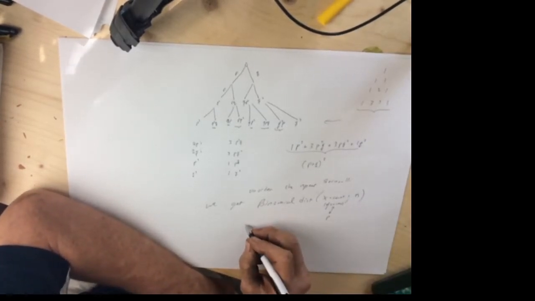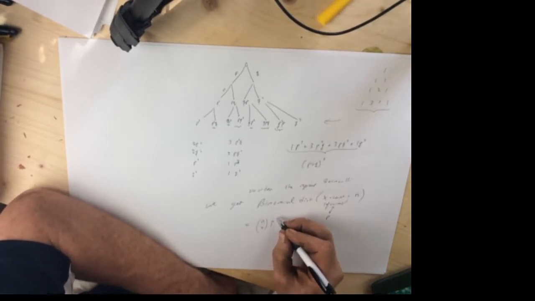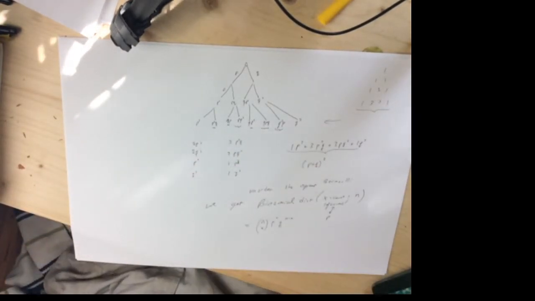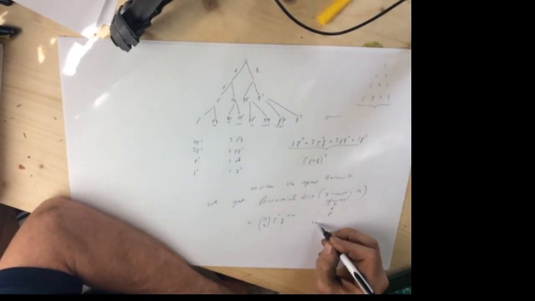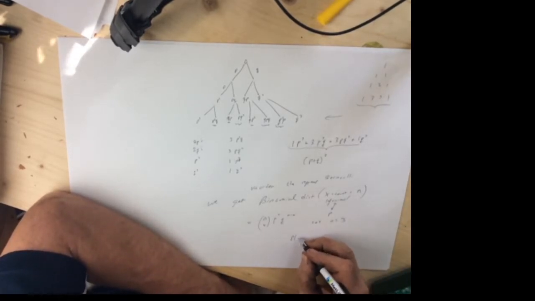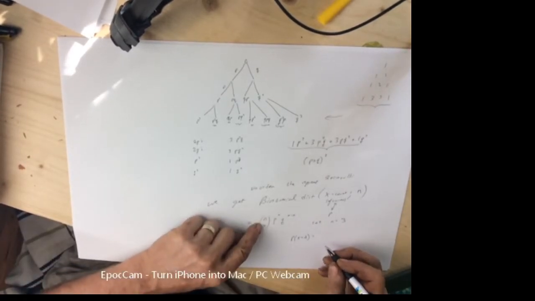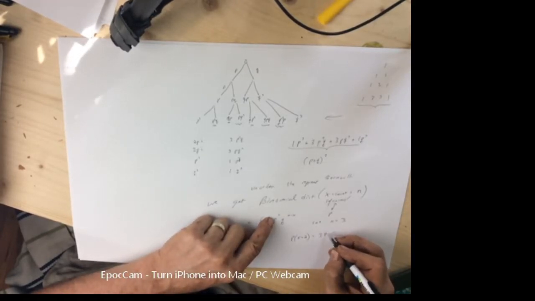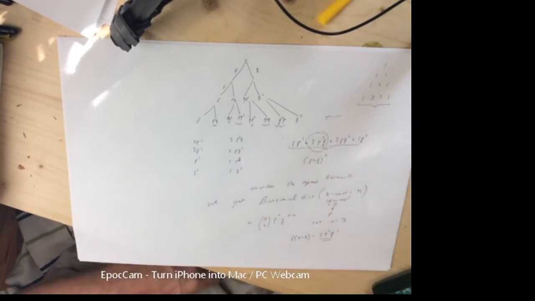Why, it's nothing more than n choose x times p to the x, q to the n minus x. That's what that calculation is. So let's just do one here. Let's set n equal to 3 and find the probability that x equals 2. Well, 3 choose 2 is 3, times p squared, q to the first, and that was indeed what we got there.